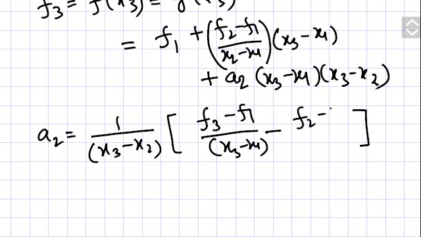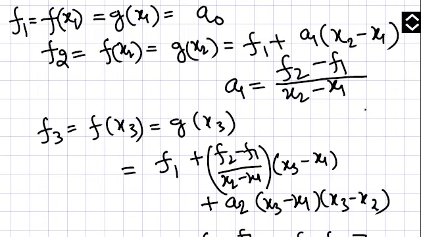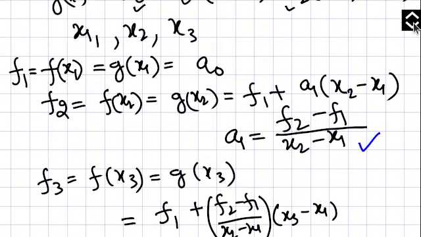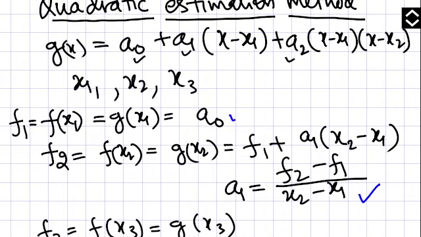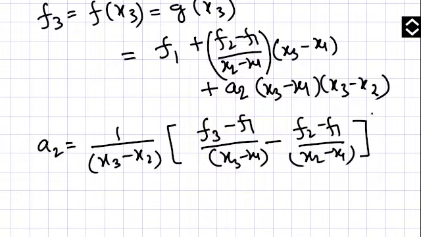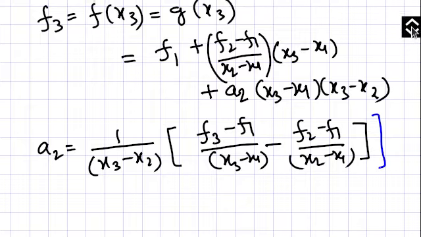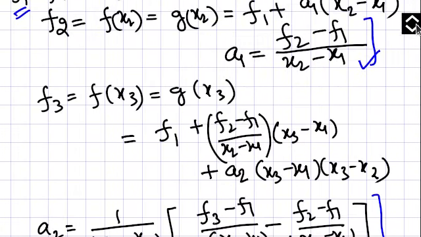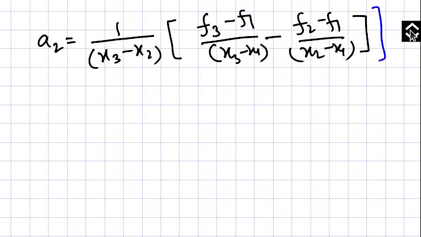Minus f2 minus f1 over x2 minus x1. So we will use these two: a naught is equal to your function value at x1, and a2 will be this. When you put all these values, you will get a1 and a2 this way. After you know the function, you will find the optimum value.